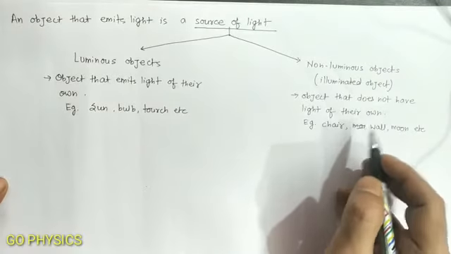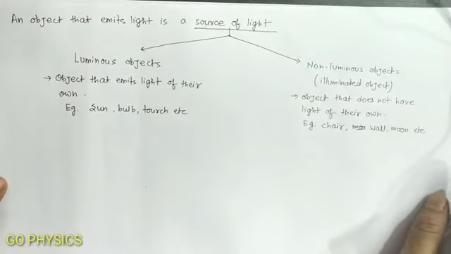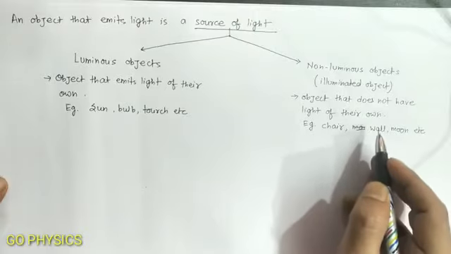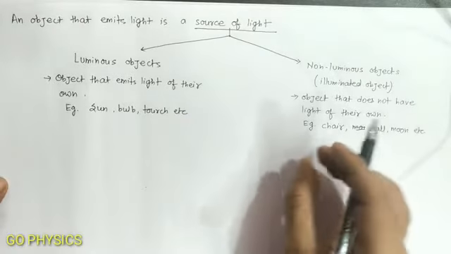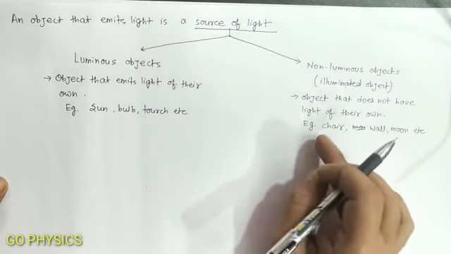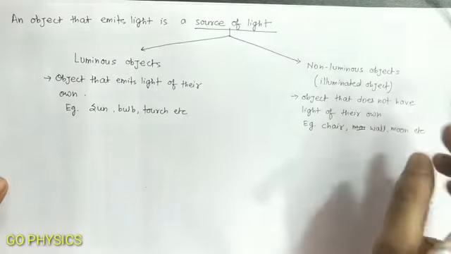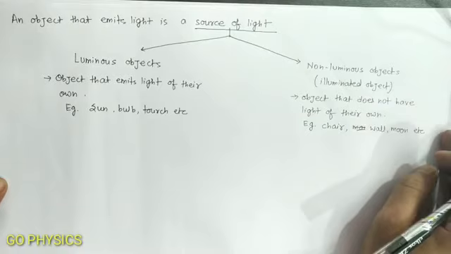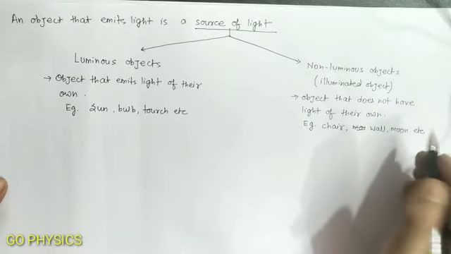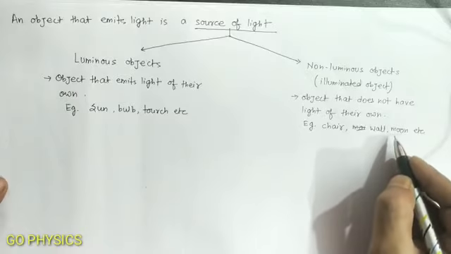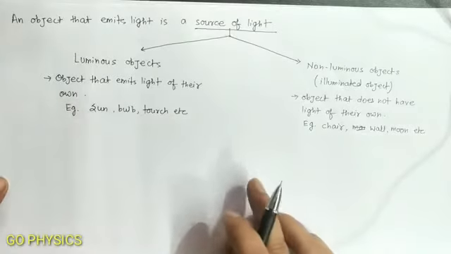For example, chair, wall, moon, etc. We can see these objects only when some light falls on them, reflects, and then falls in our eye. One doubt that comes to the minds of many students is that the moon is an example of a luminous object.